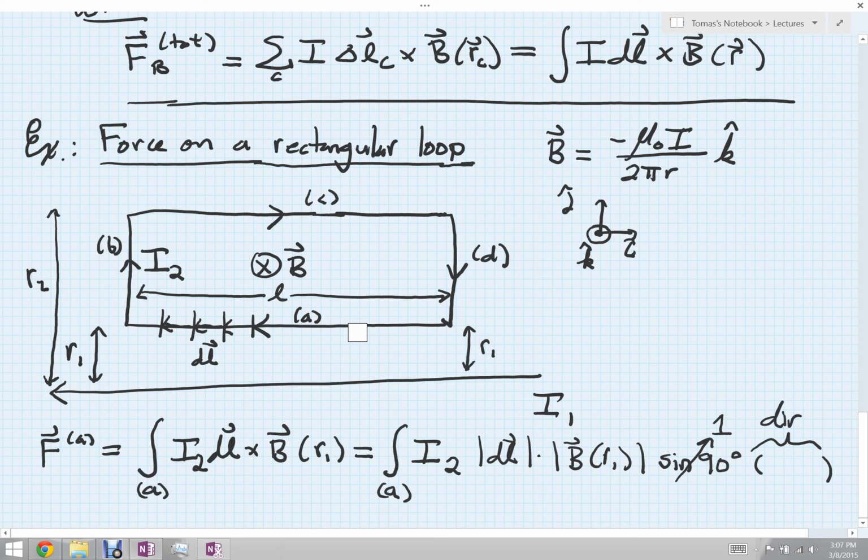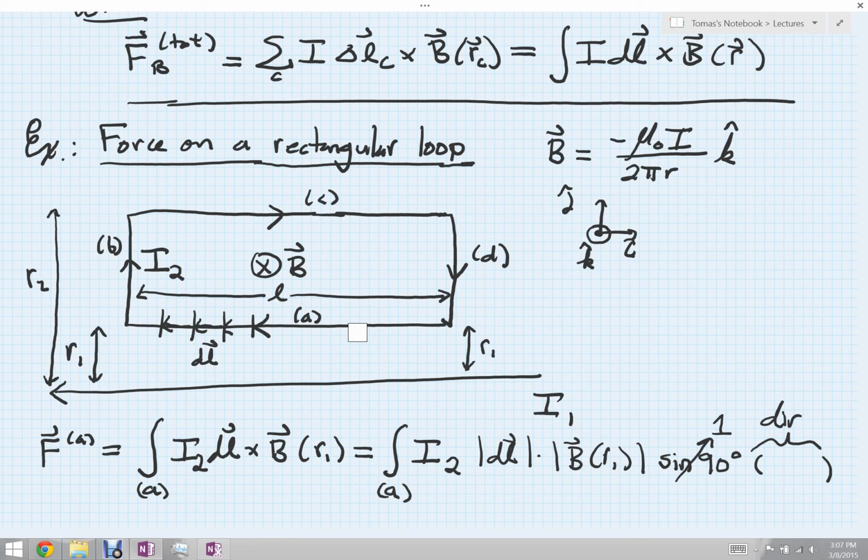And what you'll realize is, well, you want your fingers pointing to the left and your palm pointing down. Then it's easy to curl your fingers down towards the magnetic field. Then you just stick out your thumb, and that tells you the direction of the cross product in this case is straight down on the page.